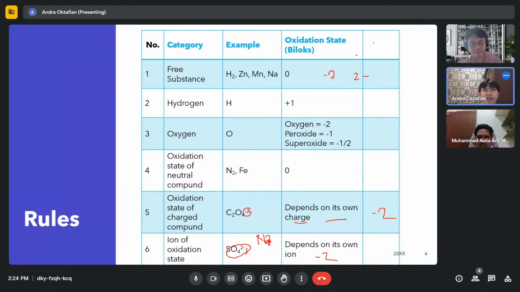When it comes to the ion's normal writing, you should write like this, 2 minus, or for example, like ferro 3 plus. So it would be better if you write the number first and the sign after.